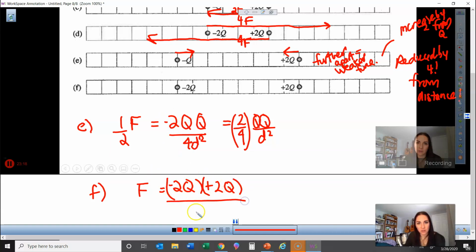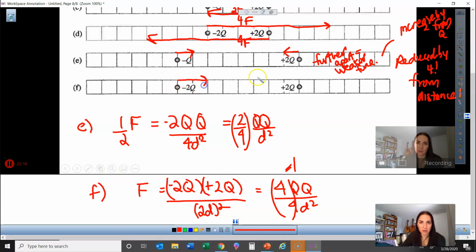And then it's 2 squared again because we have a factor of d. So this becomes 4q over 4d squared. 4 over 4 is equal to 1. So in fact, this is attracted with the same amount that we originally started with. So the force here is just F with 2 blocks, like that.